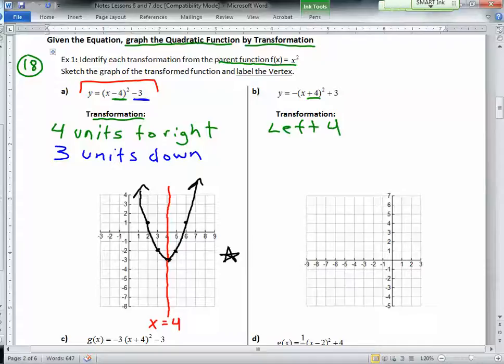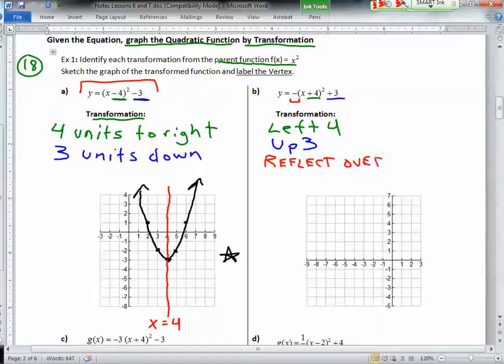I have a vertical shift of +3, so that's going to shift it up 3. And I have a negative sign out in front that's going to flip it or reflect it. Maybe I just write inverted parabola.